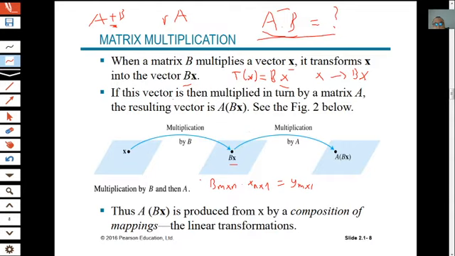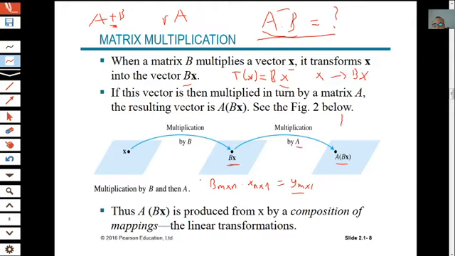So this vector is then multiplied in turn by a matrix A after obtaining the image of x under the transformation, which is the product of the matrix B and the vector x. So we multiply this vector by another matrix A, by using the same definition. Therefore, A times the vector Bx is produced from x by a composition of mappings, the linear transformations.